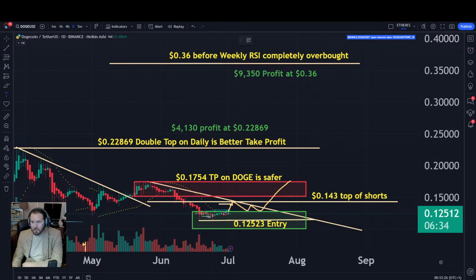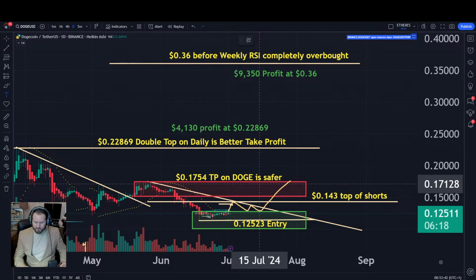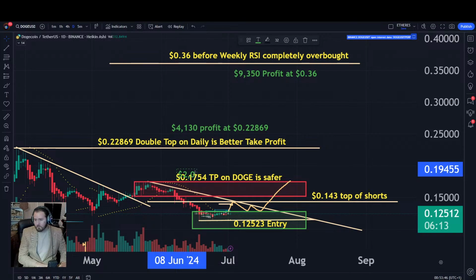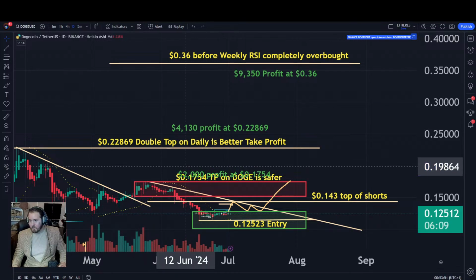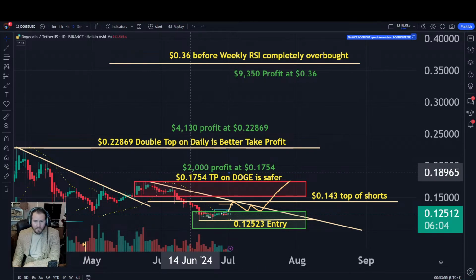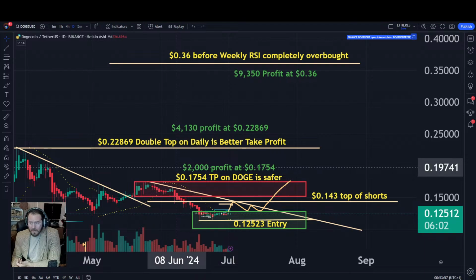Let's do the math here about the 17.54. So this would be a 40% move. So 40 times $50. That's about $2,000 profit. So potentially I'm risking $500.